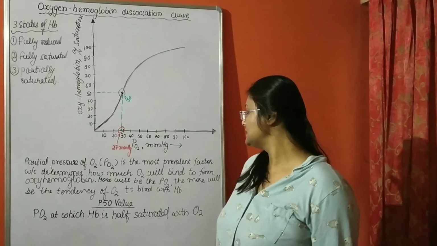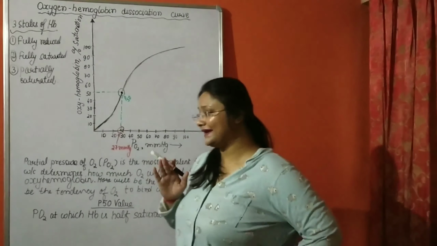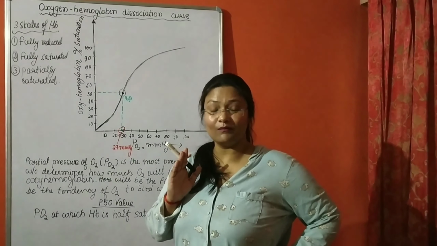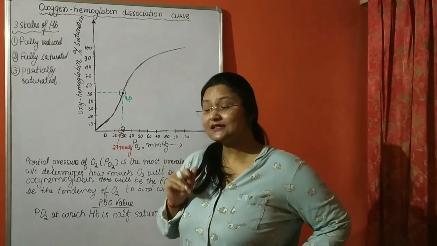That means the more the PO2, the more the tendency of O2 to bind with Hb. In pulmonary capillaries, where PO2 is the highest, oxygen will be bound to hemoglobin with more affinity. But in body tissues where cellular respiration has occurred, there is a lot of carbon dioxide, so PCO2 is higher there, and the tendency of oxygen to bind with hemoglobin will be less.